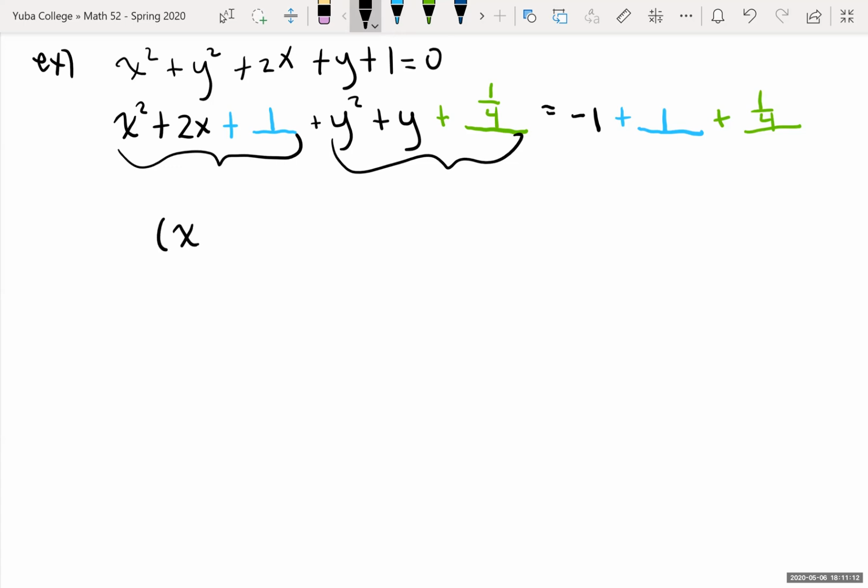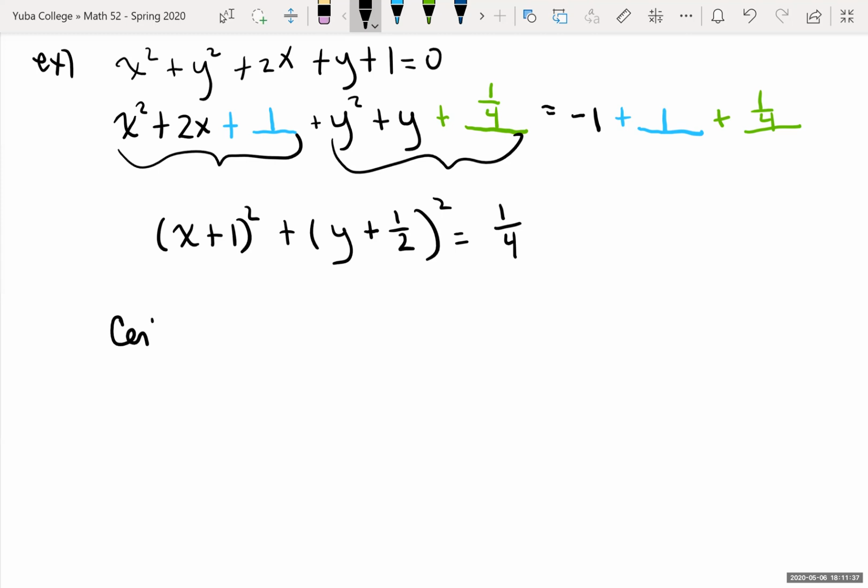The first one is x plus 1 quantity squared plus, so the same number that multiplies to give you 1/4 as to give you 1 was the 1/2. So y plus 1/2 quantity squared is equal to, well, -1 plus 1 cancels, and so we're just left with 1/4.